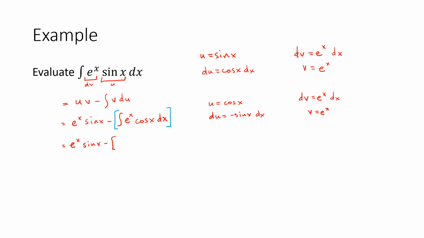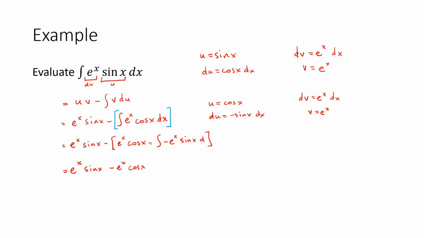So again, just applying the parts formula here to this integral, we have u times v will be e to the x cosine x minus the integral of v times du will be negative e to the x sine x. Here, if I clean this up a little bit, what I notice is actually the integral that we've wound up with here. So I'll distribute the minus sign.